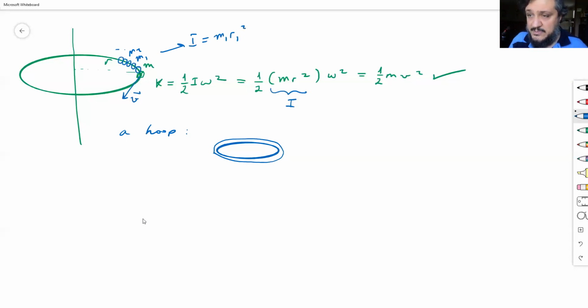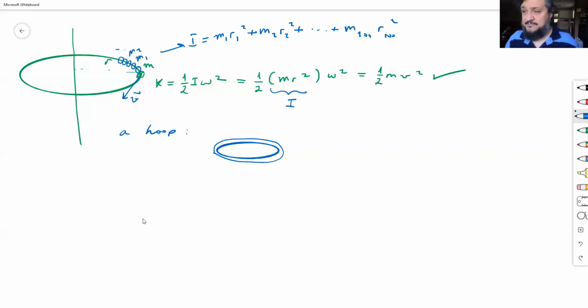M1 times R1 squared plus M2 times R2 squared, up to M100 R100 squared. Okay, you simply add the masses. What if there are too many of those? It's a continuous distribution, like an actual ring.